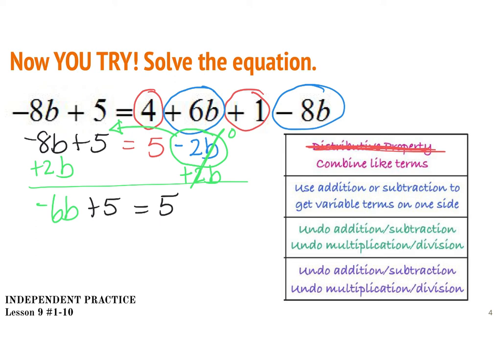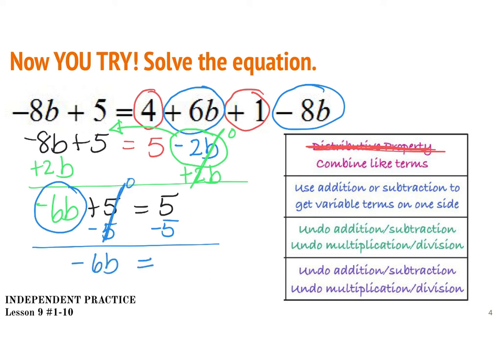Now I'm going to isolate my variable group by undoing addition, so I'm going to subtract. I am left with negative 6b because this becomes 0. 5 minus 5 also becomes 0. However, I need a placeholder for the right-hand side of my equation.